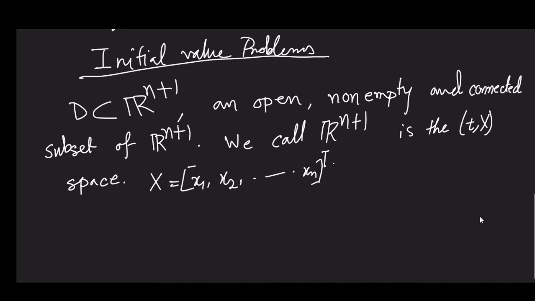The other authors represent it as a Cartesian product of time with the set Rn. And here we have done it like Rn plus 1.